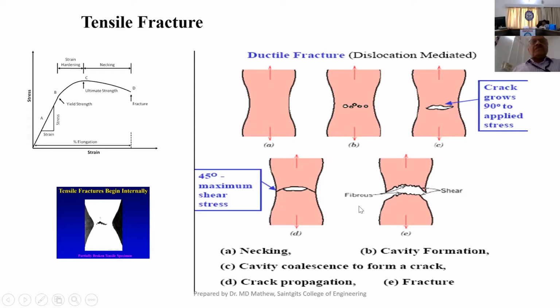So the tensile fracture always begins with a damage which is inside, internal damage. And it has at least 4 or 5 stages. It begins with necking, and then the cavity forms, the cavities start coalescing to form a crack, then the crack grows, propagates, and ends up in fracture.